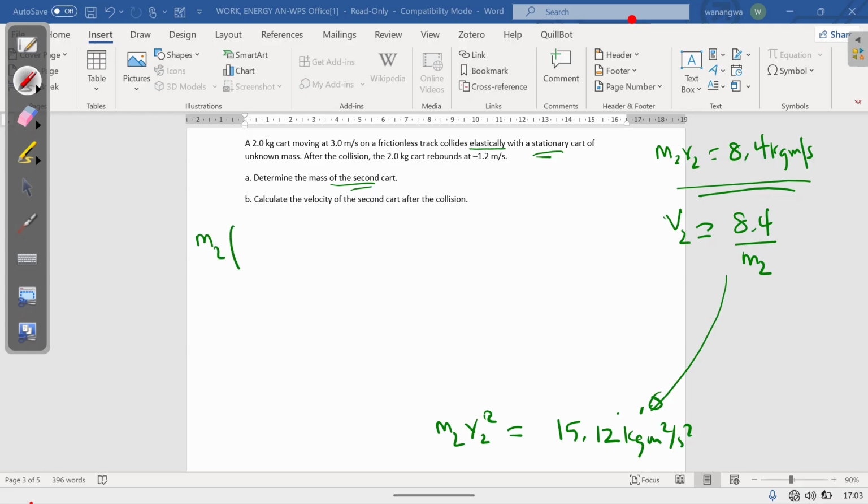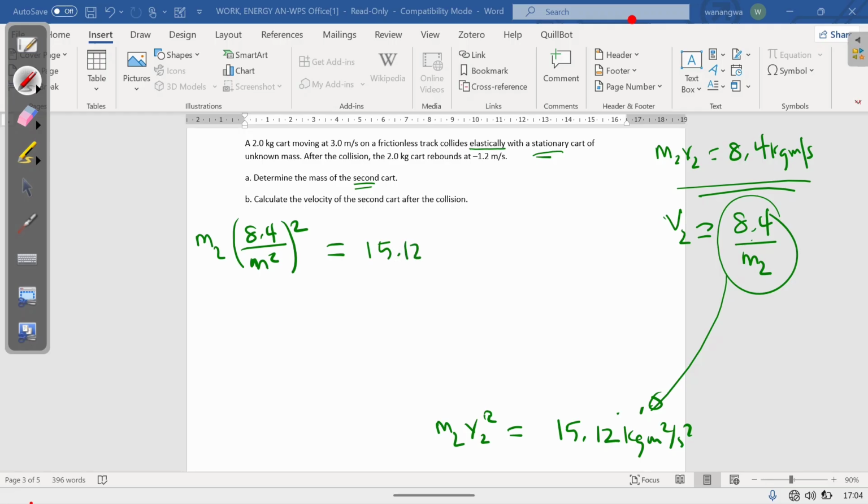So it will be m2 times 8.4 divided by m2, this is squared, equals, so where there was v, we've substituted this thing right here. Let me write it properly so it can be very clear to you. Okay, so it will be 8.4 divided by m2 squared.